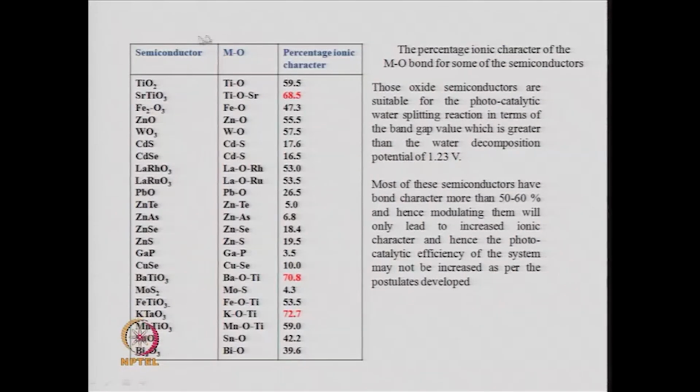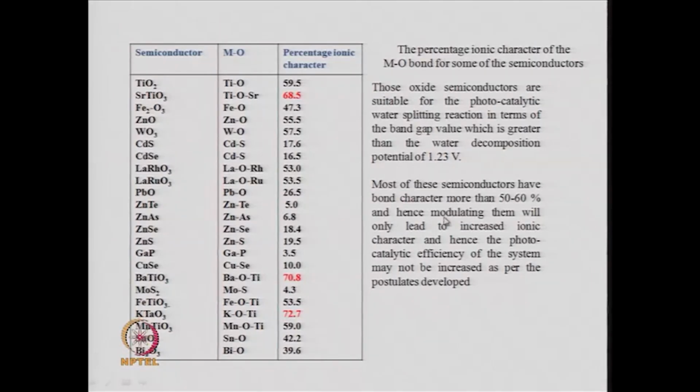So, based on that, there are a lot of semiconductor materials and their metal oxygen percentage ionic character is listed here. You see the red ones, strontium titanate or barium titanate or potassium tantalate, have very high ionic character and may not be suitable for the photocatalytic water splitting in terms of the band gap, which is greater than the water decomposition, right.